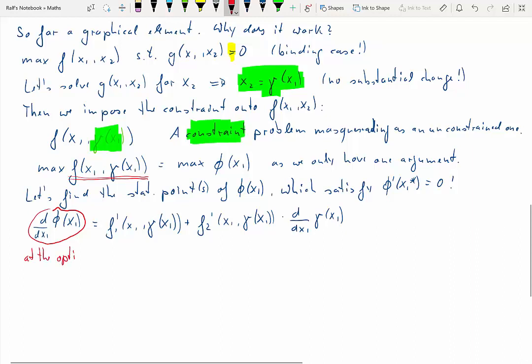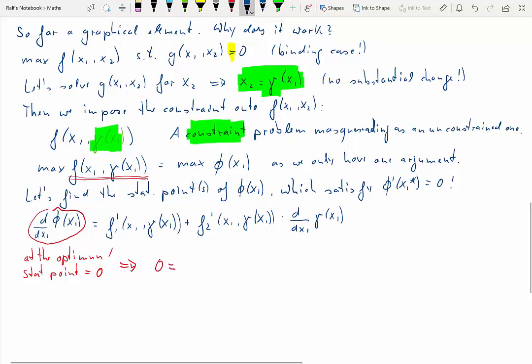So we just stated that at the optimum we need the change in the function phi x1 with respect to dx1 to be equal to 0. We want a stationarity point. So from that follows the following.